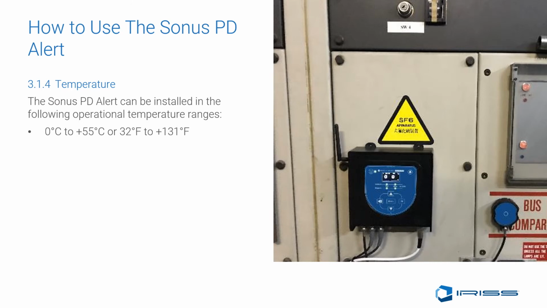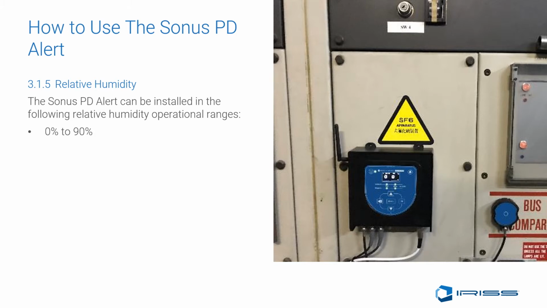Section 3.1.4, Temperature. The Sonos PD Alert can be installed in the following operational temperature ranges, from 0 to 55 degrees Celsius, or 32 to 131 degrees Fahrenheit. Section 3.1.5, Relative Humidity.